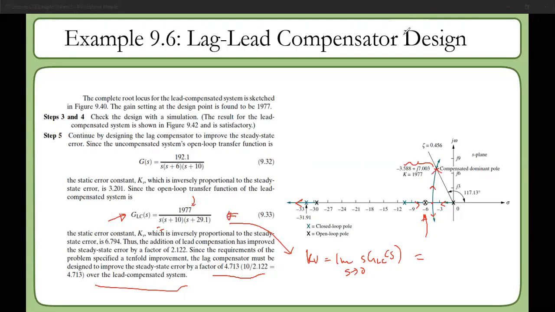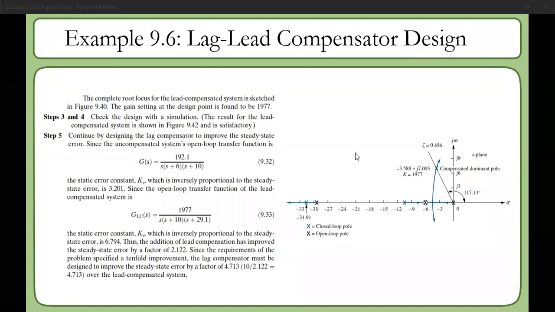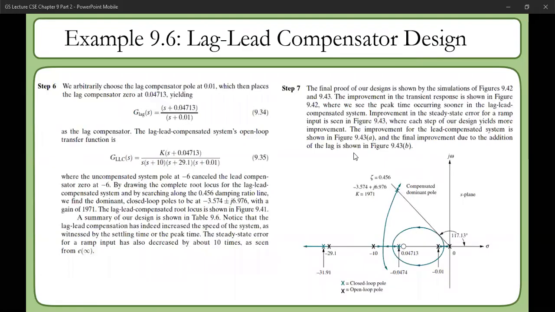Okay, so now how to design the lead lag compensator. In the middle, you have to form the table. After forming the table, you have to verify whether the result is okay or not. Now, designing a lag compensator is very simple. You have to figure out the ratio of these two so that it gives you 10 times lesser steady state error.